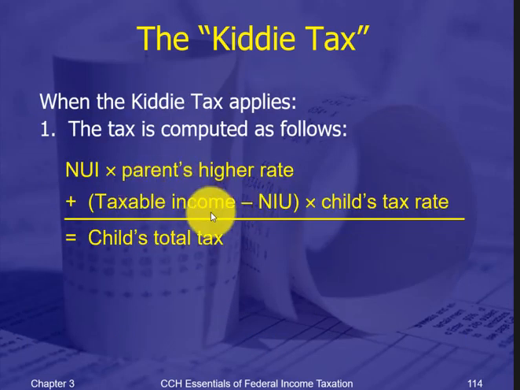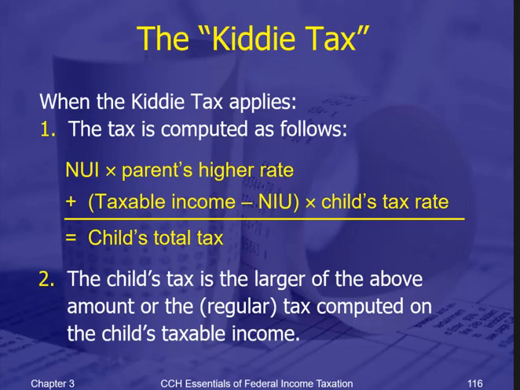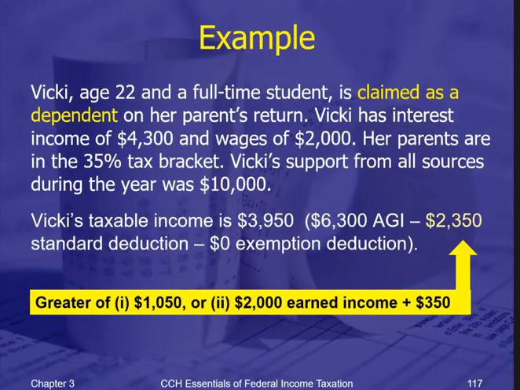So this calculation, while complicated, basically is the idea that the first $2,200 is half of it's not taxed at all, and half at the child's tax rate. Everything else over that is a higher rate. And this is only unearned income. So interest, dividends, that sort of thing.